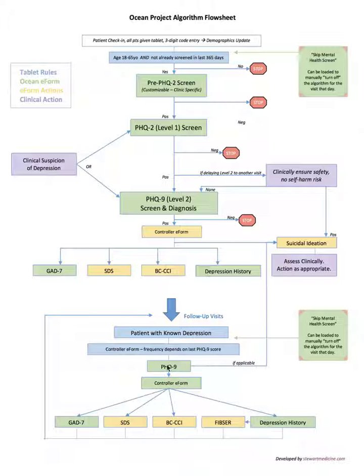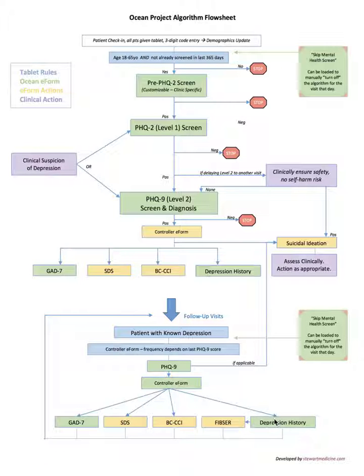So the PHQ-9 is being rescreened. And again, similar process as above, we have the automated actions that are loading the different scales depending on the answers as well as the depression history. One added thing here is the FIBSR scale on follow-up, and that's a scale that asks patients about the severity, or scores the severity, of side effects from depression medications.